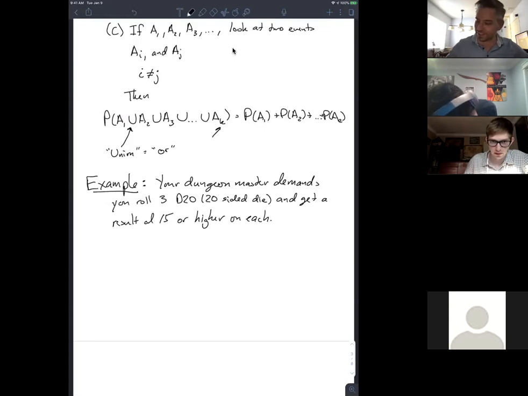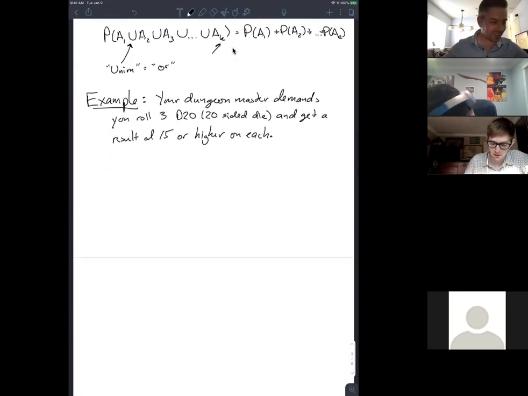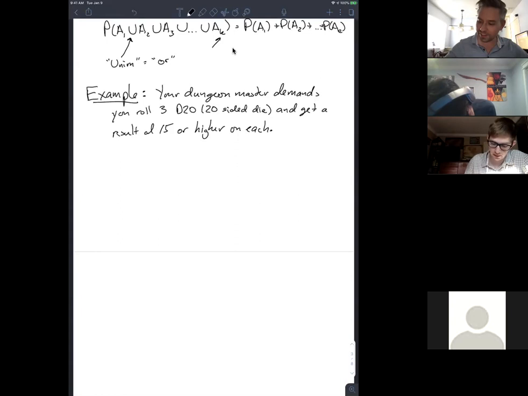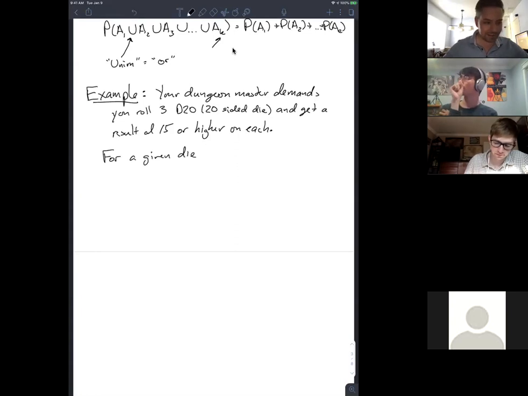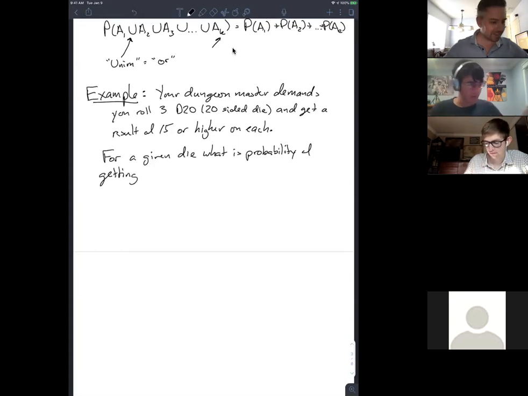All right, so let's think about this possibility and ask ourselves a few questions. For a given roll, so a given die, what is the probability of getting 15? 6 out of 20? Well, we're going to get to that.